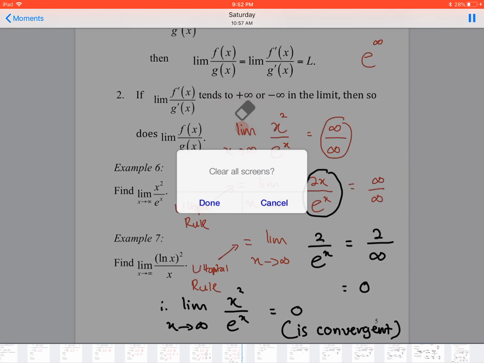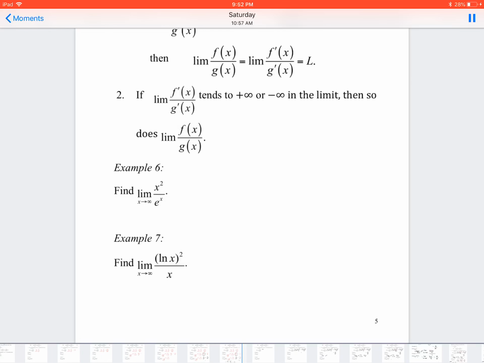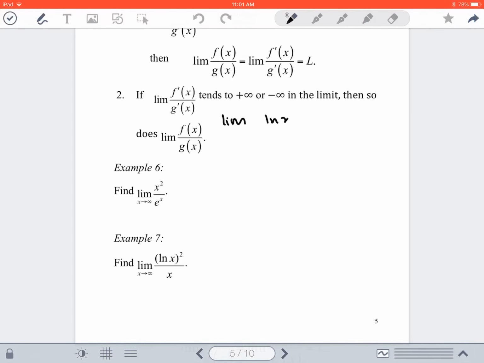Okay, let's move to example 7. Example 7: the limit of (ln x) squared divided by x when x is approaching infinity. Let's substitute the value: (ln infinity) squared over infinity.